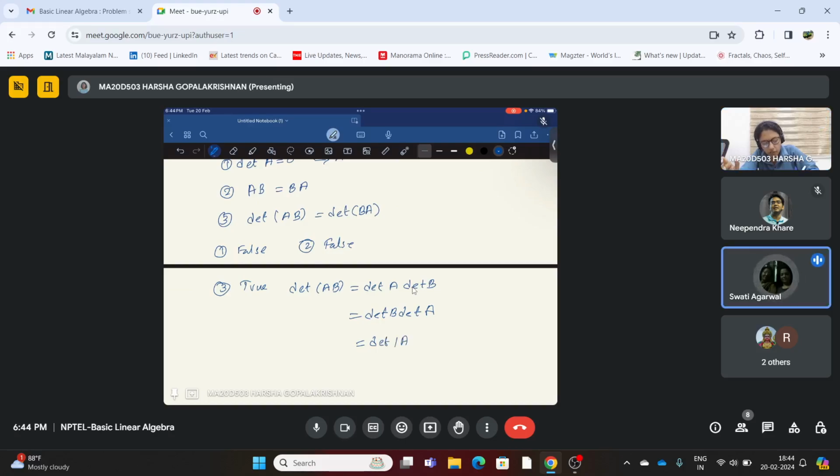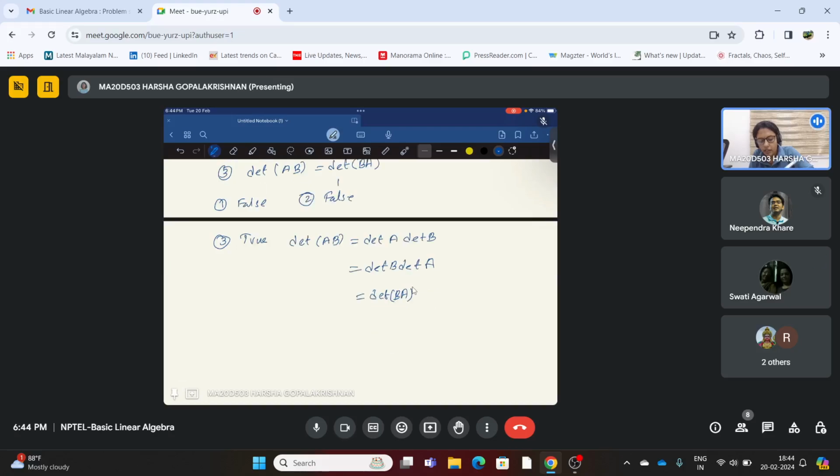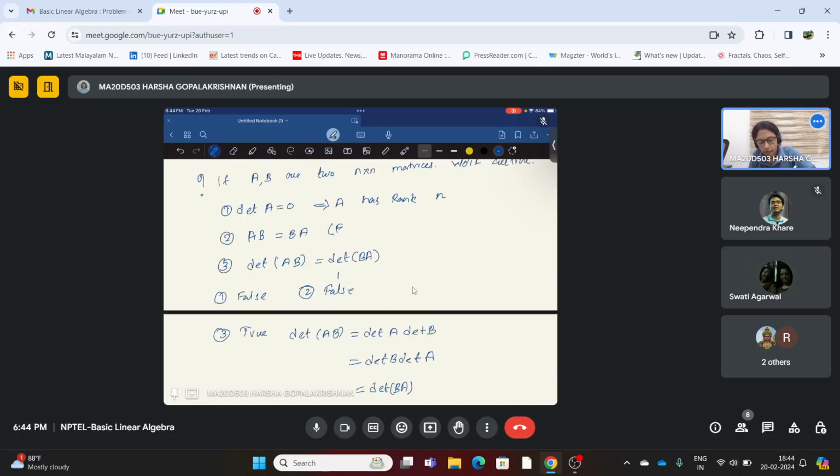But isn't this a little bit counterintuitive to case 2? Because if we multiply them and then take a determinant, that will be different. But if we take the determinant by applying rules, then it is the same. No, see, what it is saying is that AB equal to BA is false.